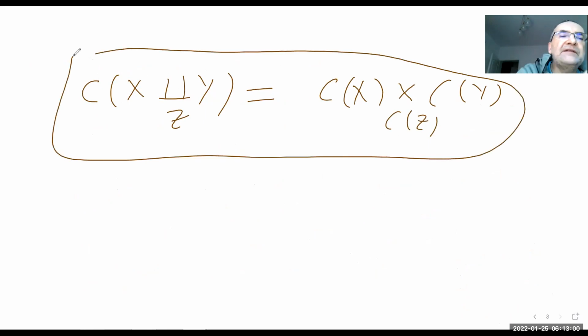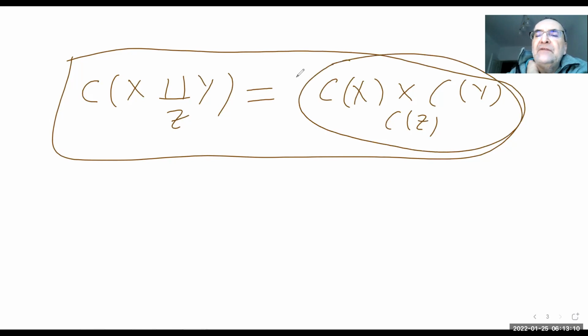You have this fundamental equality, and what is important is if and only if. So if you have a C-star algebra of that sort, then you know that this is the C-star algebra of a push-out.